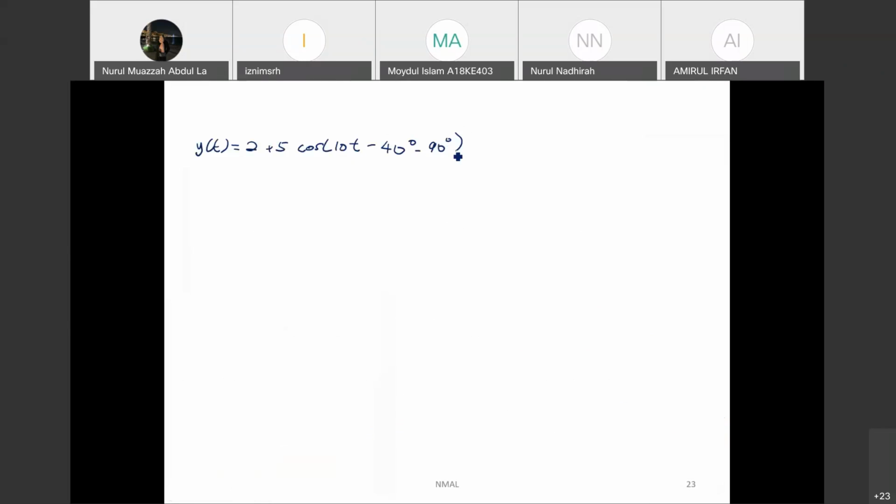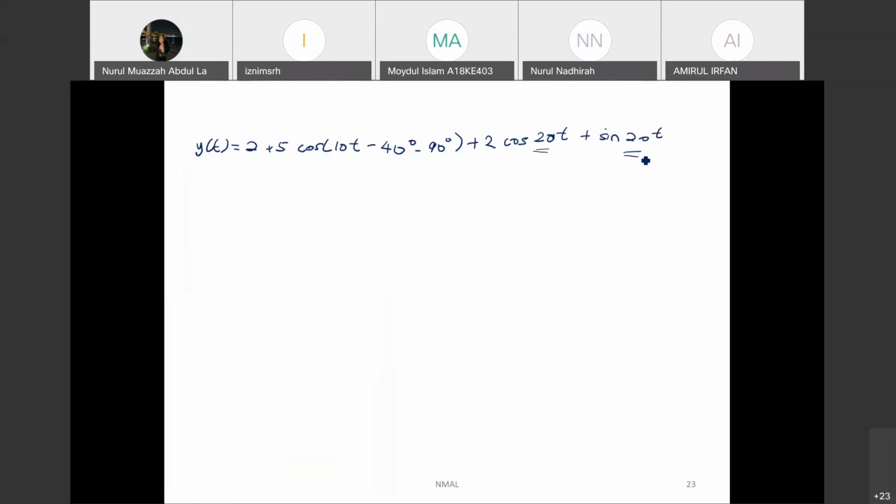Why? Because you look at the trigonometric series, you want to change sine to cos, so you subtract pi over 2. Pi over 2 is 90 degrees. And then plus 2 cos 20t plus sine 20t. If you look at this, these have the same omega.